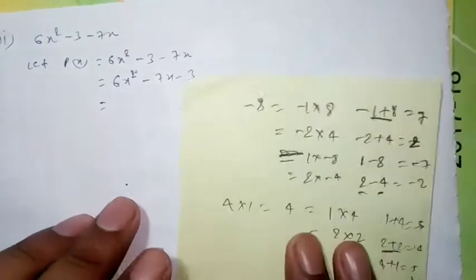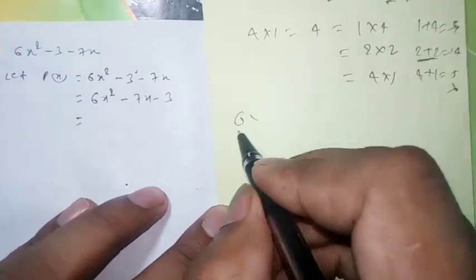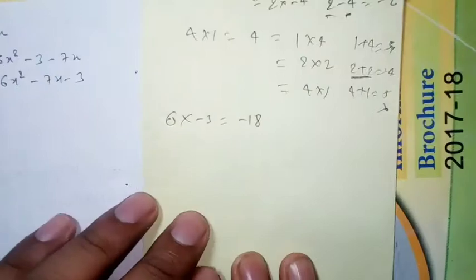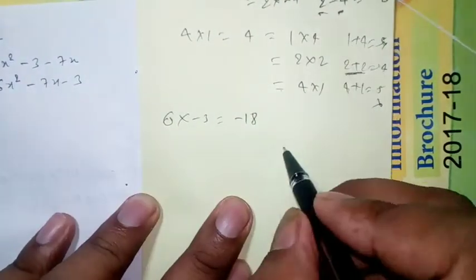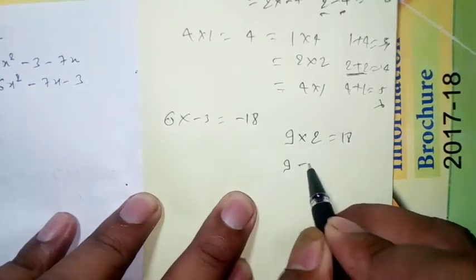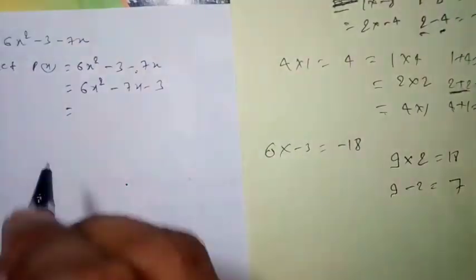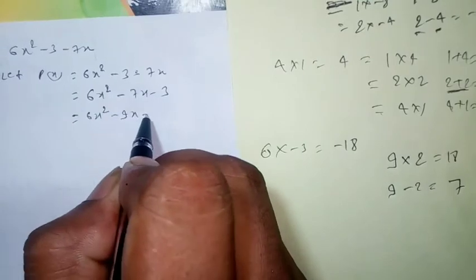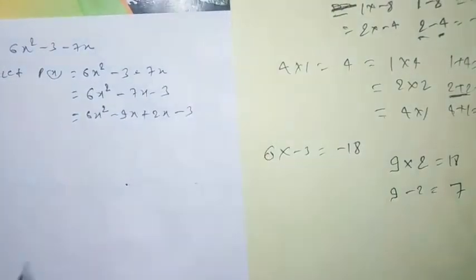Now 6 into minus 3 is equal to minus 18. Then factorize to get 7: 9 into 2 is equal to 18, and subtracting, 9 minus 2 is equal to 7. So we write here 6x square minus 9x plus 2x minus 3.